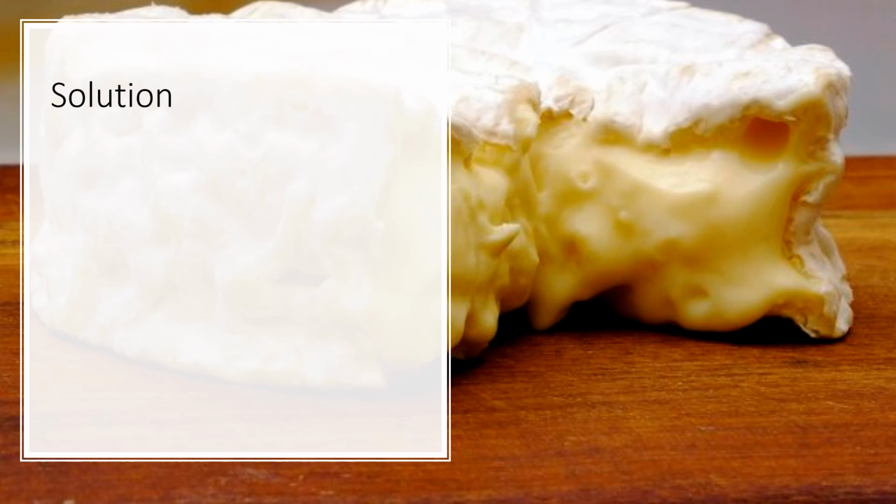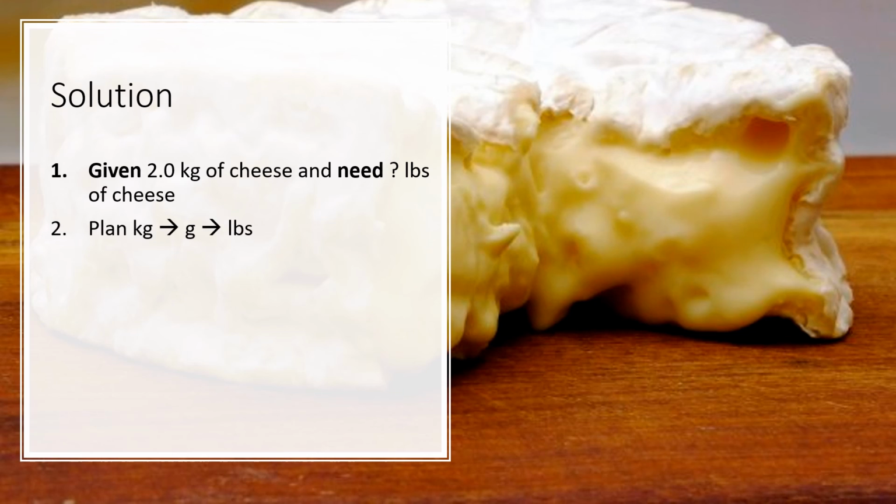So here is the solution, and a rather tasty and large chunk of cheese in the background here. We're given 2 kilograms of cheese, and we need pounds of cheese. That's our step 1. Our plan is going to be going from kilograms to grams to pounds. Why do we have to concern ourselves with grams?